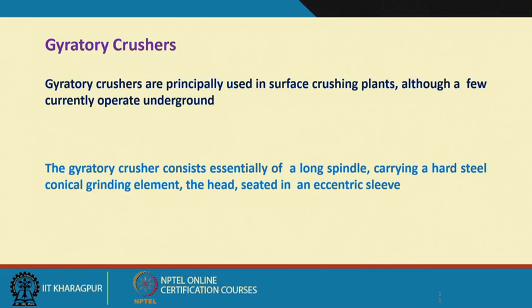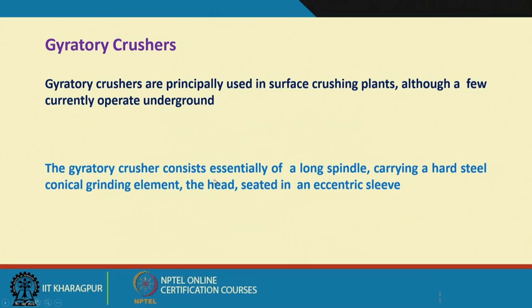You have got a gyration, you have got a spindle, and essentially you are trying to rotate it and you are squeezing it. So, you are introducing a huge compressive force, and then you are forcing the particles to pass until they are broken down to a particular size.